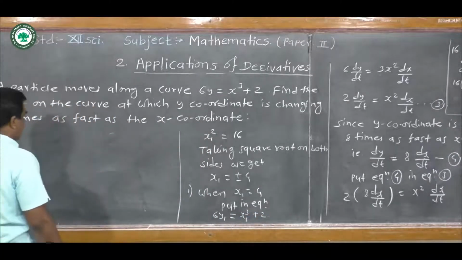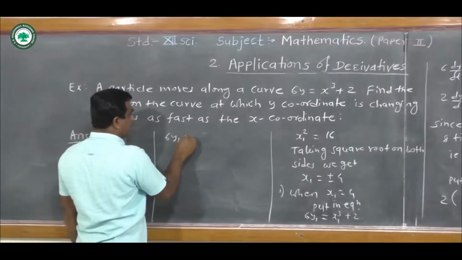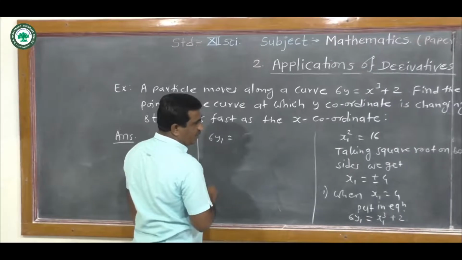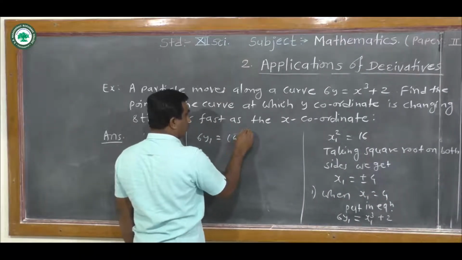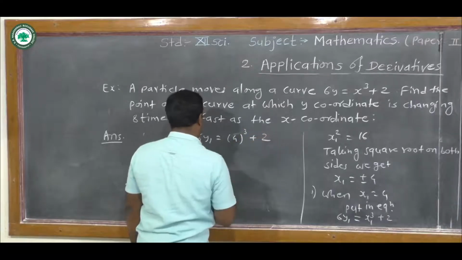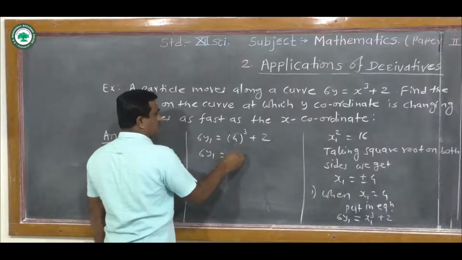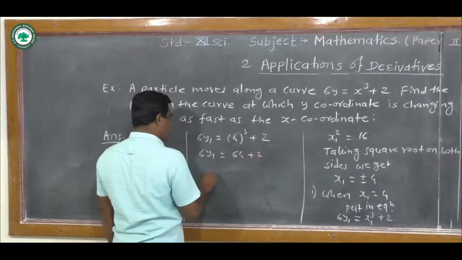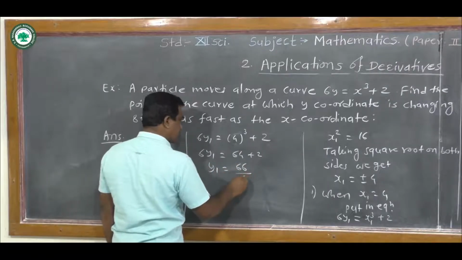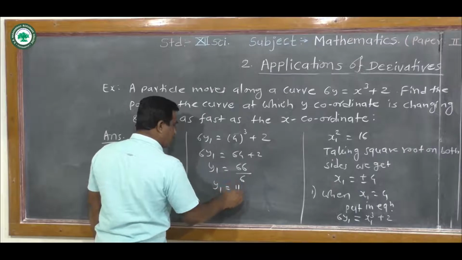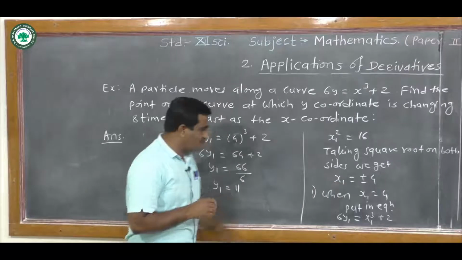That is, 6y1 is equal to 4 cube plus 2, that is 6y1 is equal to 64 plus 2, so y1 equal to 66 upon 6. We get y1 is equal to 11. That is, we get the first point (x1, y1) equal to (4, 11).